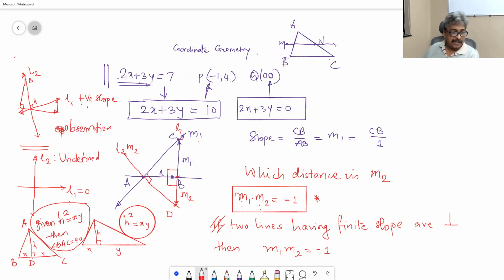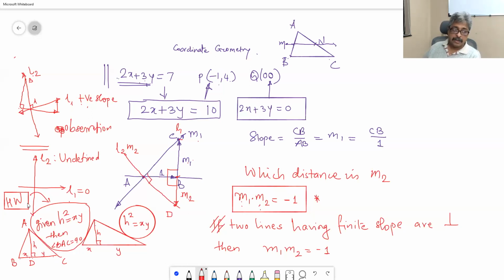But at the moment, this is your homework. Prove this converse. Geometry. If in any triangle H square is equal to XY and AD is perpendicular to BC, if it happens, then measure of angle BAC must be 90.